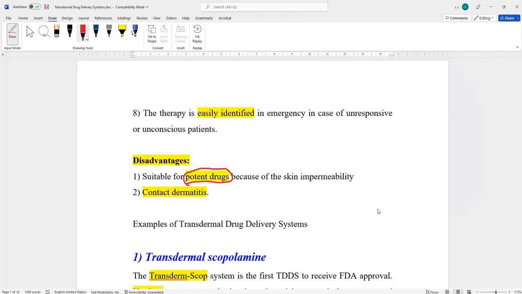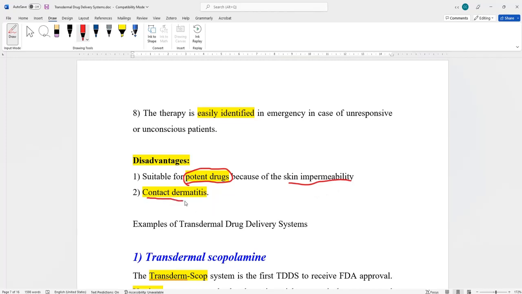Because as I said, drug absorption through the skin is not fast. So you need only a small amount of the drug to get absorbed and give an effect. So this is one thing. It's suitable for potent drugs only, because skin is impermeable, meaning it's not permeable.